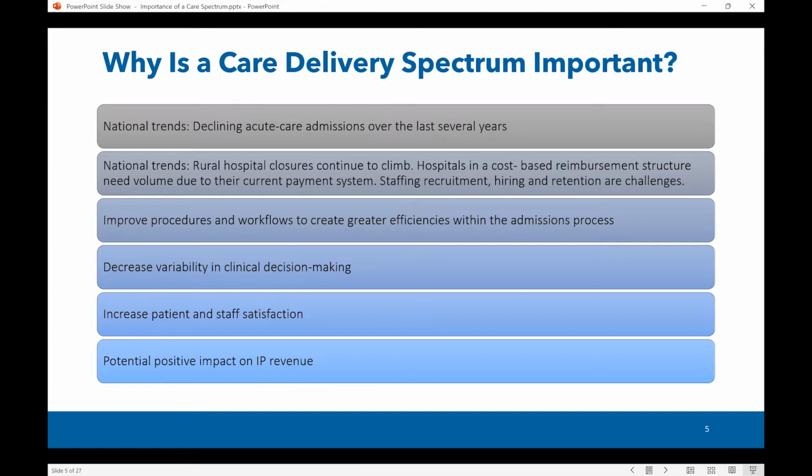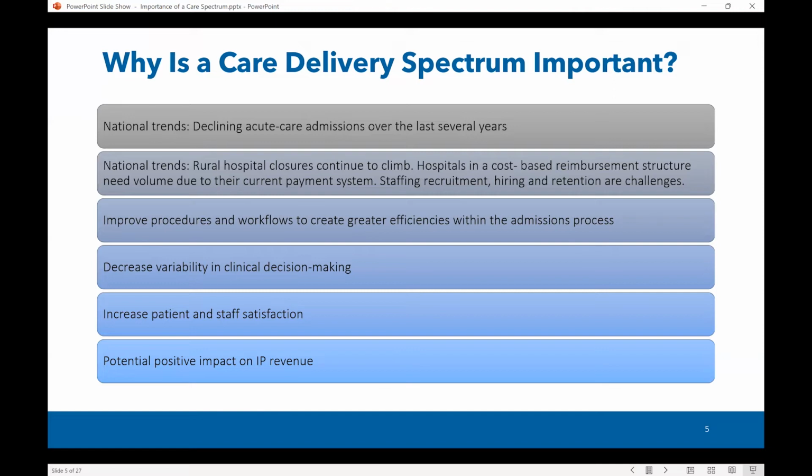So that decreases our variability in clinical decision-making, and it's known to increase patient satisfaction because they're not sent away from their community. They can receive their care at home, and they can also have their family close by. Family doesn't have to be burdened with that transportation possibly.